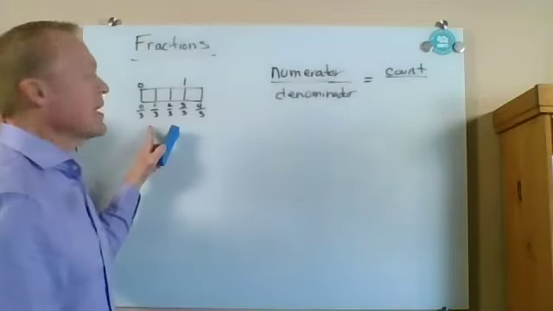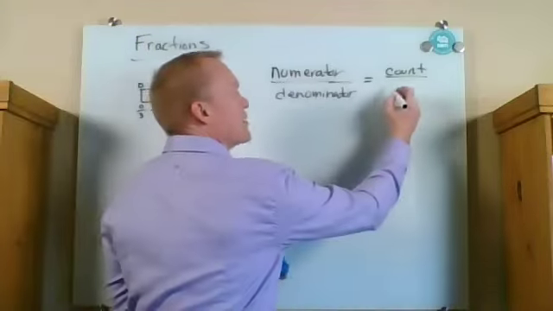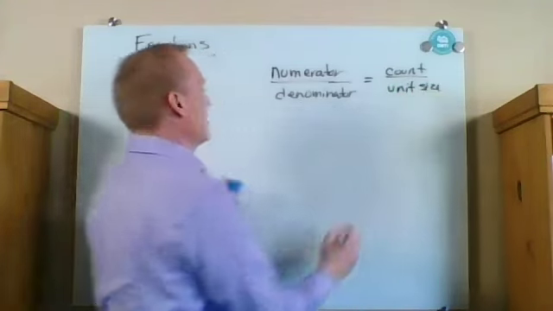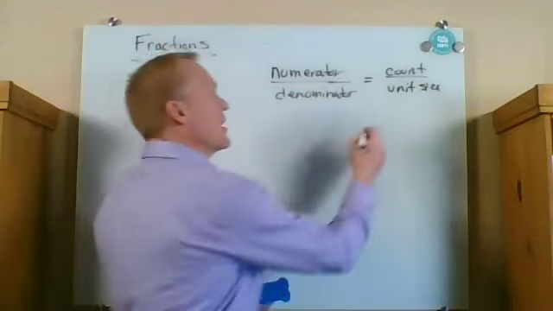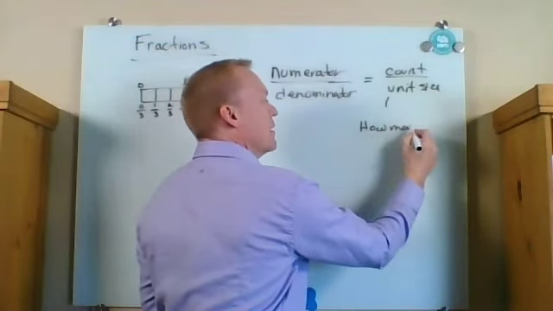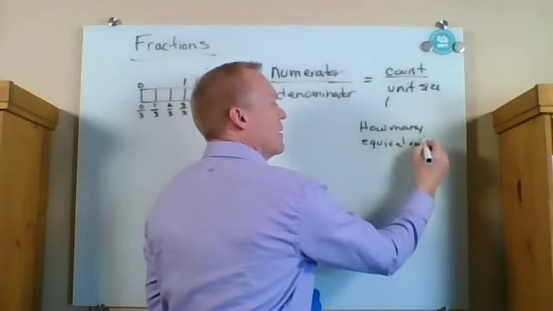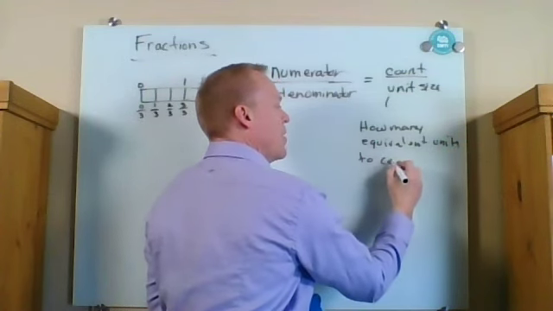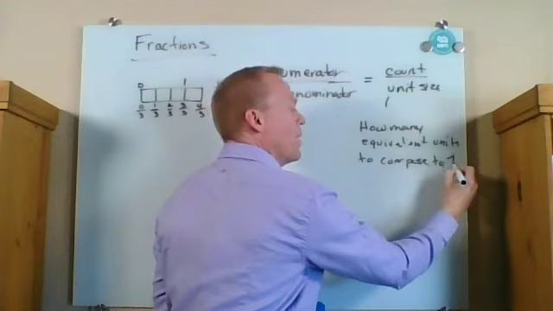Well, here, to talk about how we name a fraction, we can talk about the unit size. In this, we have the size of 1/3, but how do we get there is how many equivalent units to compose or to build to 1.